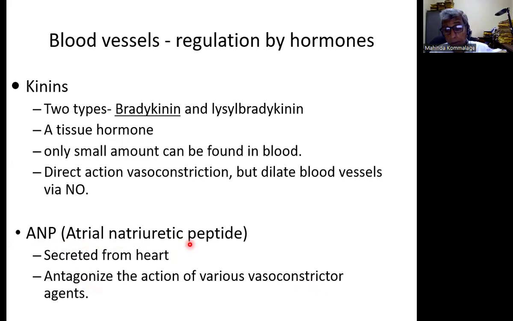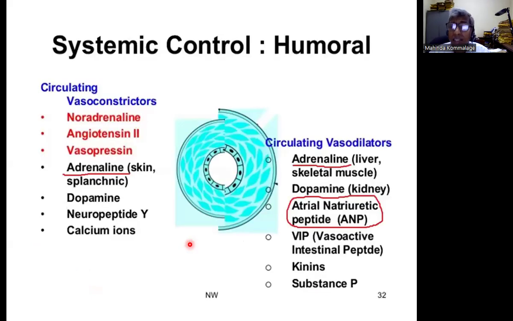Okay. As a list of hormones that act on blood vessels, we already learned vasodilators and vasoconstrictors, right? The main vasoconstrictor is noradrenaline. Of course, most noradrenaline is secreted from nerve endings, but we can consider this as a hormone because some might go to the blood and distribute through the blood also.